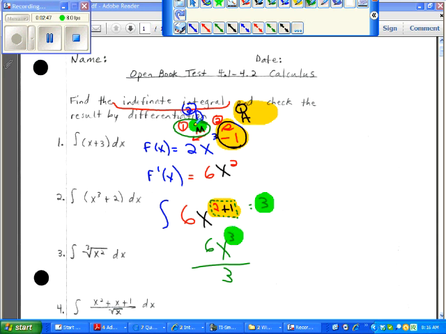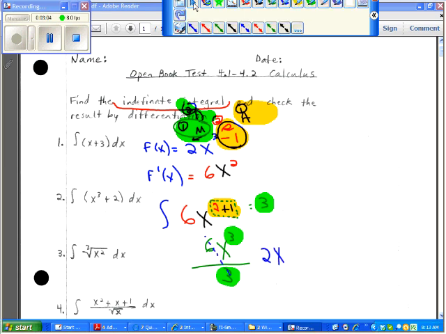And then we're going to do the opposite of multiplication, which is division, and we're going to divide by that same exponent. So you can see that those are going to match up. Then the 6 and the 3 would reduce to a 2, and we get 2x cubed, which is where we started. So there's the basic idea of integration.